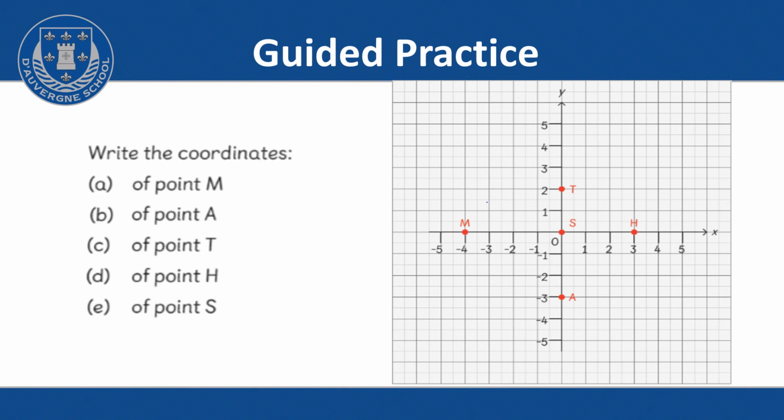Okay, so you should have got that on the x-axis, it's at 0, and on the y-axis, it is at -3. So the coordinates you have there should have been 0, -3. Have a go at T now.